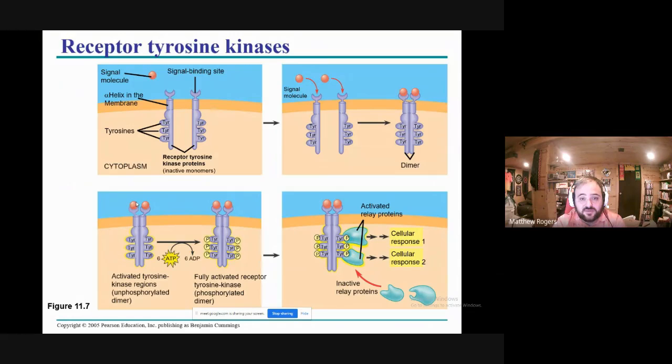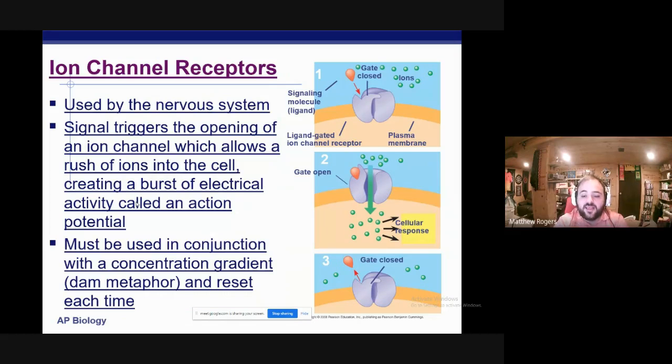The pictures here about them. And then finally, last one, I want you guys to draw all right.